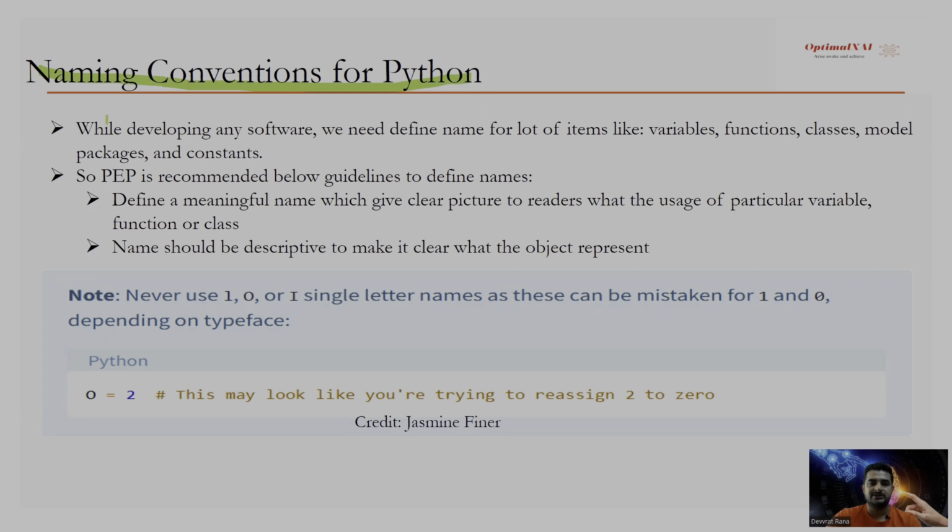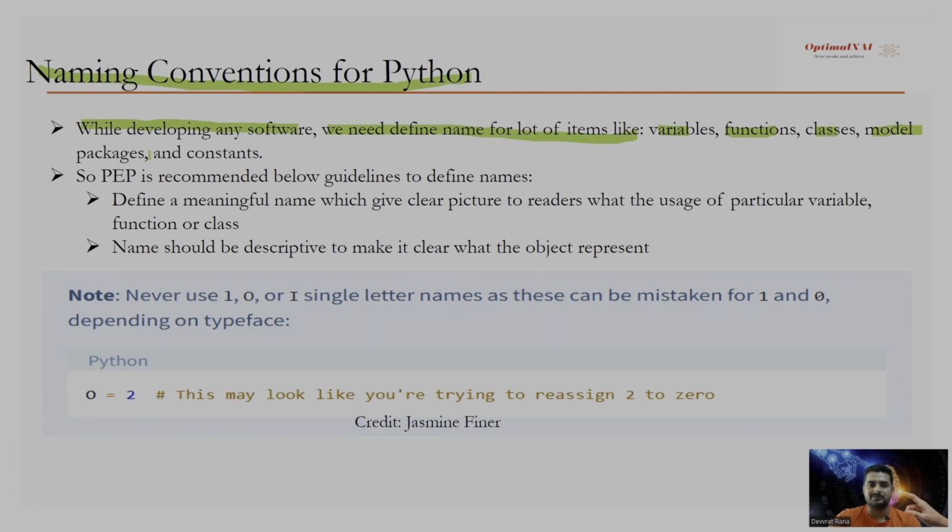So let me start here. As we know, while developing any software, for example classical software or AI-based software, we need to define a lot of items like variables, functions, classes, and even AI models.